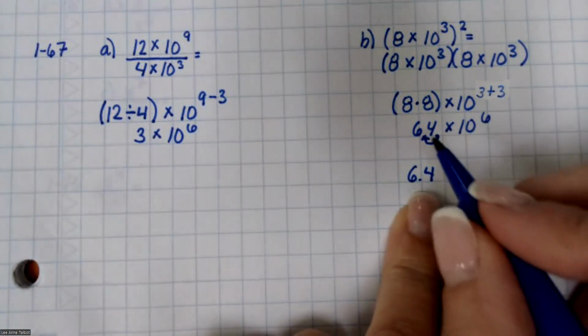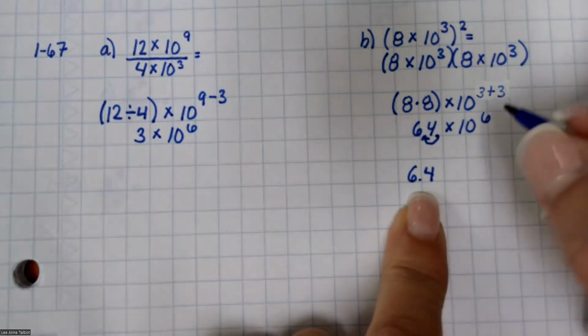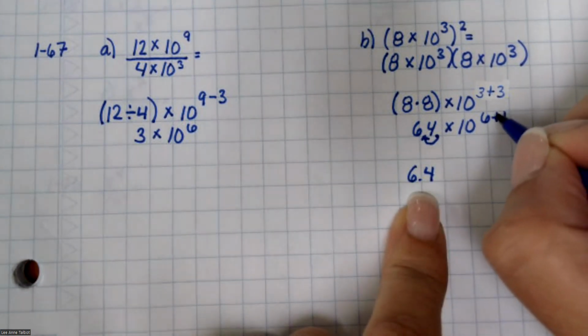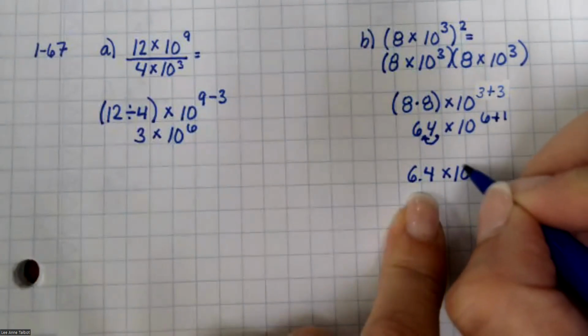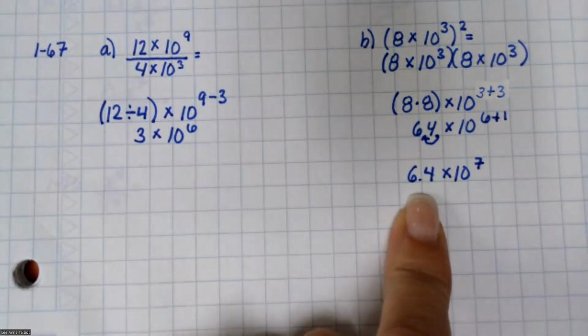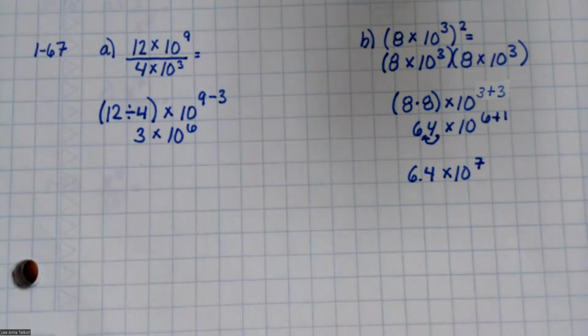And then because you moved this down a spot, you add 1 spot on the exponent. Okay, we're not done yet. I have very quick notes to do on this and then we're done.